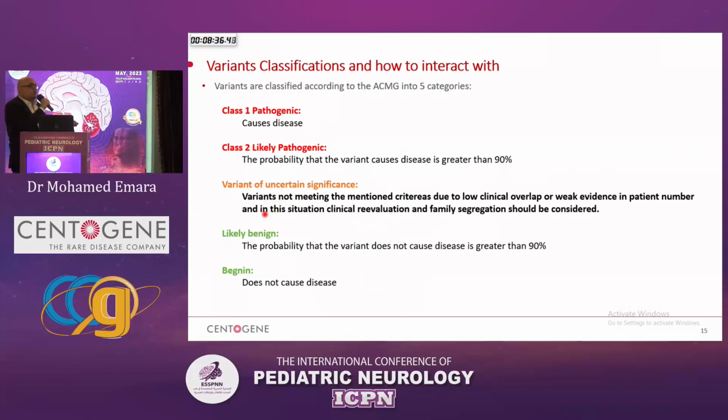On that basis, Centogene's regular reclassification program may shift the variant to likely pathogenic or likely benign, and this will be notified to the physician, also free of charge. He will get a notification that the variant that was identified before in your patient was reclassified to either likely pathogenic or likely benign.